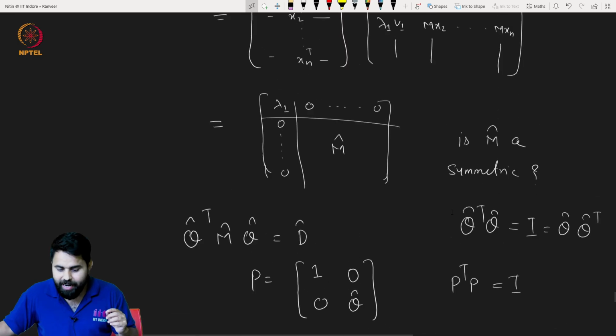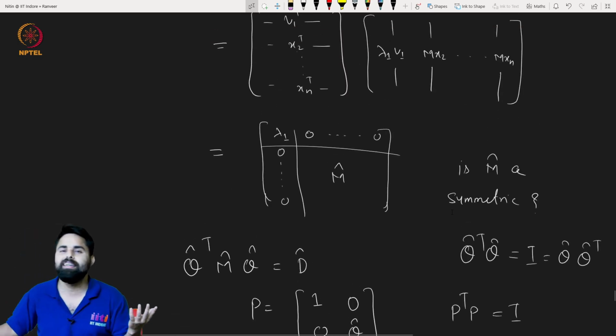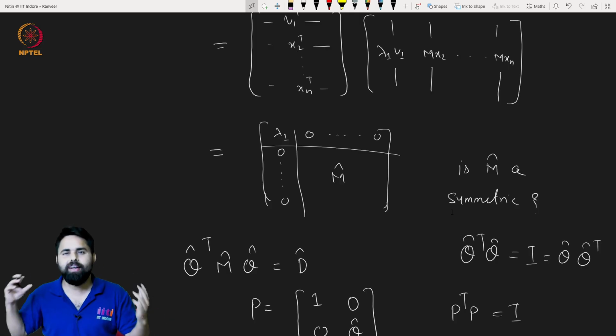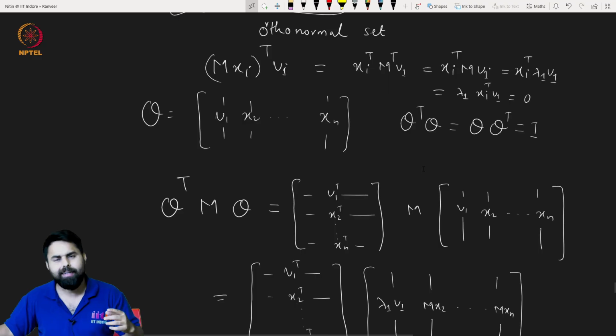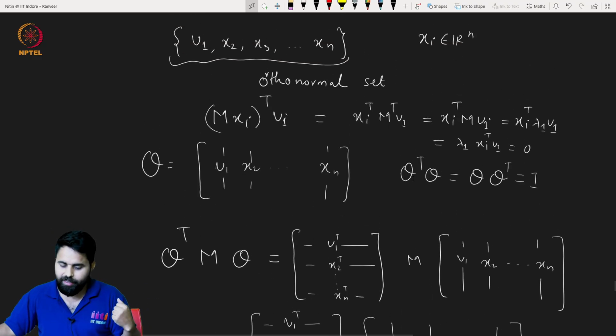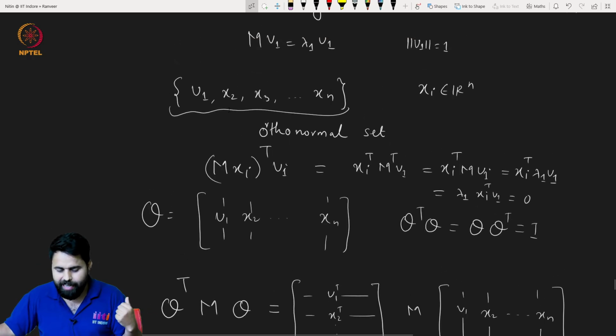Okay, so let me quickly recap what I did. I have to prove that for a symmetric matrix we can always find n orthogonal eigenvectors. This we proved using mathematical induction. When n equals 1, the base case is very easy. Then I assume that this is true for any n-1 cross n-1 matrix, and then I very cleverly cook up an orthogonal matrix consisting of these vectors.